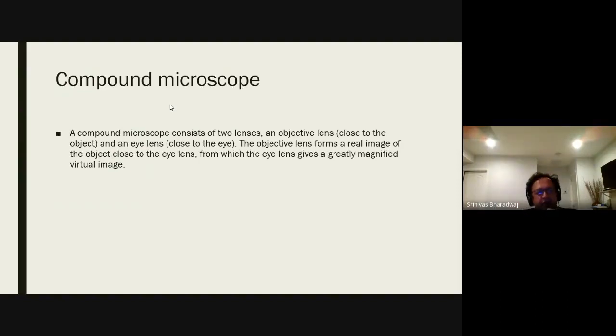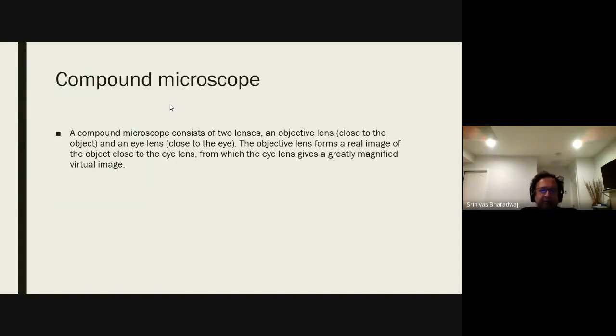The microscope, on the other hand, has a littler objective piece and a bigger eyepiece. Okay, so the objective lens forms a real image of the object close to the eye lens, from which the eye lens gives a greatly magnified virtual image.